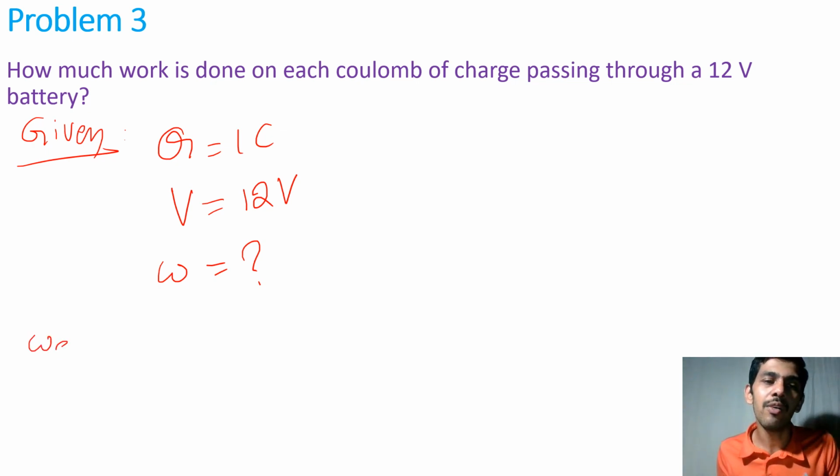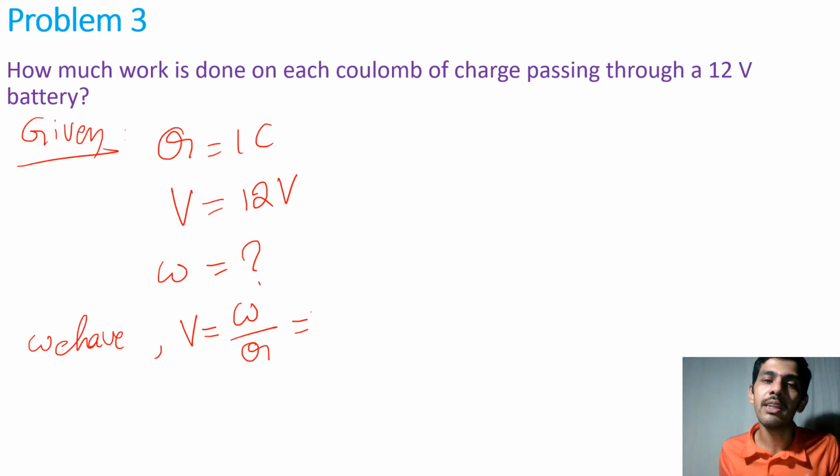We have the formula for potential difference: the work done per unit charge, W by Q. The formula is W by Q for V. So they are asking W.